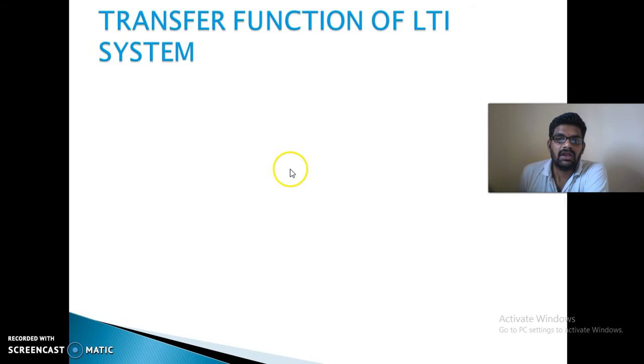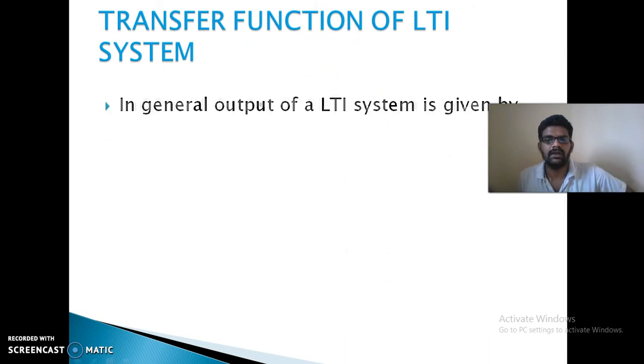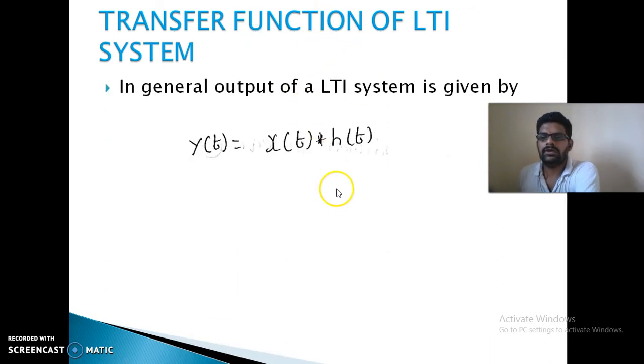Okay. Next, the transfer function of an LTI system, an important concept. The transfer function is defined in the transform domain, such as the frequency domain. For example, the output of an LTI system y of t is equal to x of t convoluted with h of t, where x of t is the input, y of t is the output, and h of t is the impulse response.